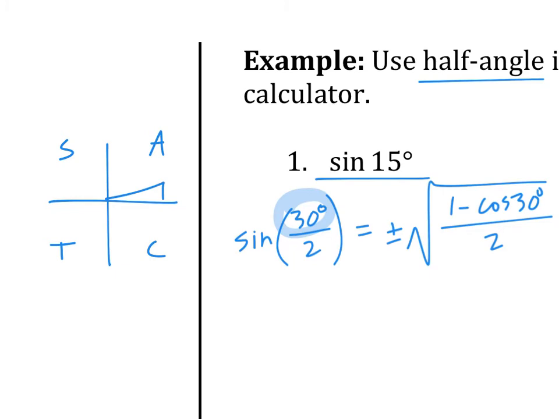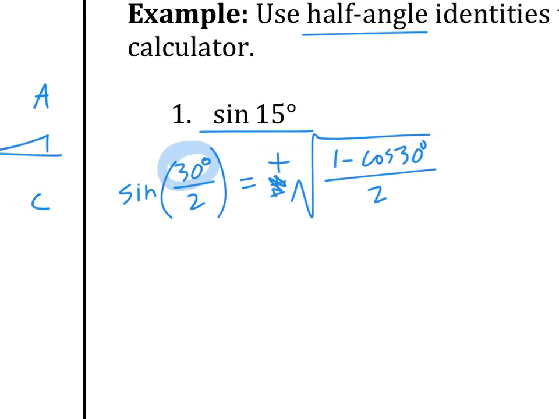So in that first quadrant, is sine positive or negative? Positive. Therefore, you use positive. That's it. So you pick plus or minus based on whether that should be plus or minus in that quadrant. Okay? All right, now solve.